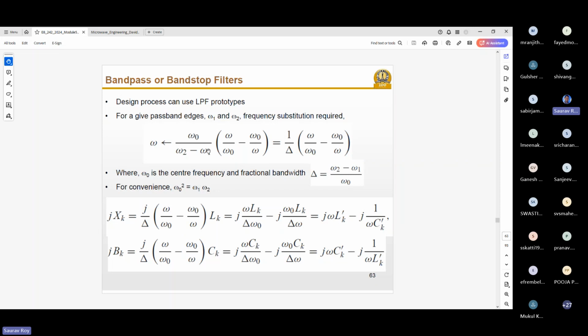Using the delta omega value and omega 1, omega 2, you can calculate the revised inductance and susceptance values. As usual, the Lk and Ck you get from the table, and you have to normalize them with delta omega, omega naught and all these functions.